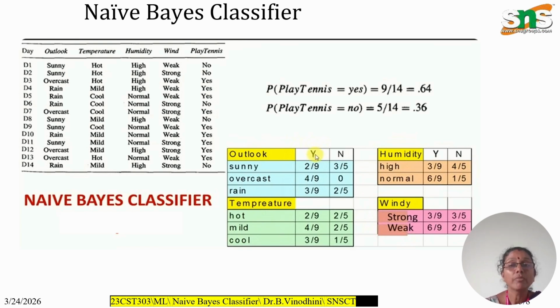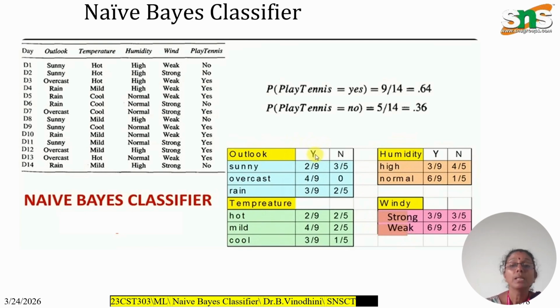After that, we have to find the probability of each feature. First we take outlook. In outlook we have the values sunny, overcast, and rain, and we find the occurrences of yes and no for each.